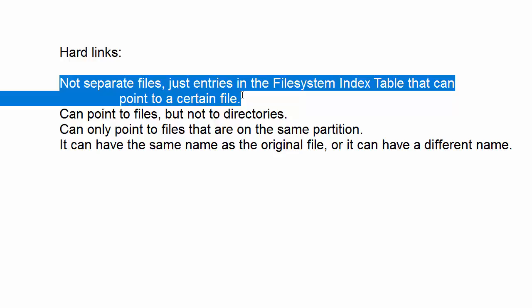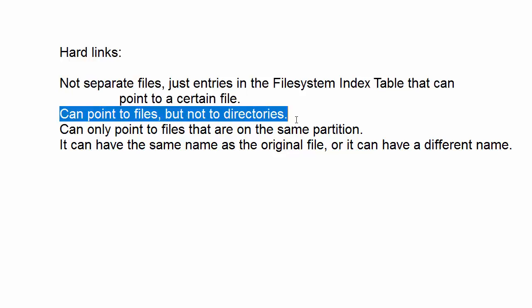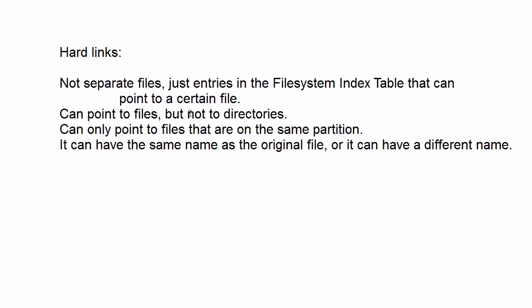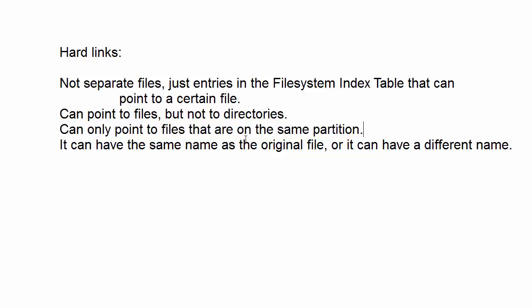As we're going to see in just a few moments, any given file can have multiple hard links pointing to it. Hard links, unlike symbolic links, can only point to files. They cannot point to directories. Also, unlike symbolic links, hard links can only point to files that are on the same partition. So you can't have a hard link on one partition pointing to a file on another partition.